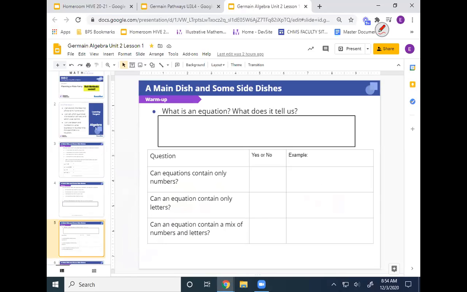So you could have 34 is equal to 34. You could say 34x is equal to 34x. You could say x is equal to x. These are all equations. The main piece that an equation needs to have is 2 quantities, 2 terms set equal to one another.